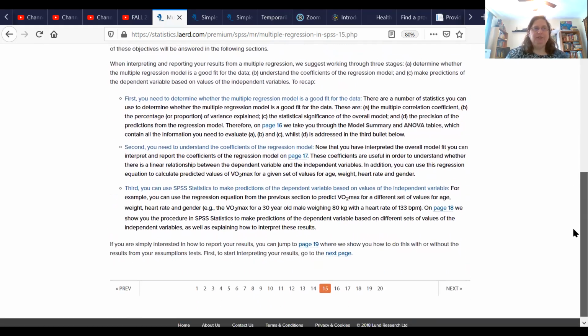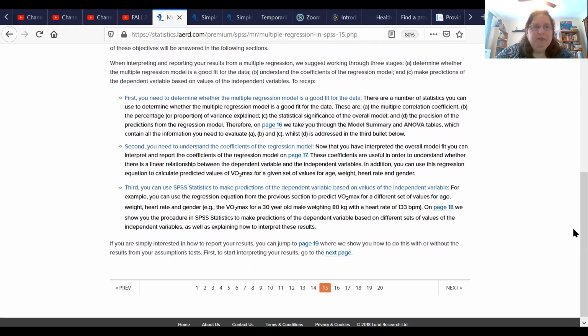results. So what's going to be our process of interpreting results? Well, first you need to determine whether the multiple regression model is a good fit for the data. And we're going to look at that shortly. Second, you need to understand the coefficients of the regression model. Well, we talked about that too, right? So first thing, we're going to look at the model summary, the ANOVA tables, all that kind of good stuff.